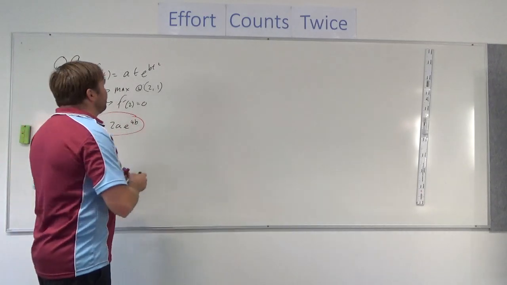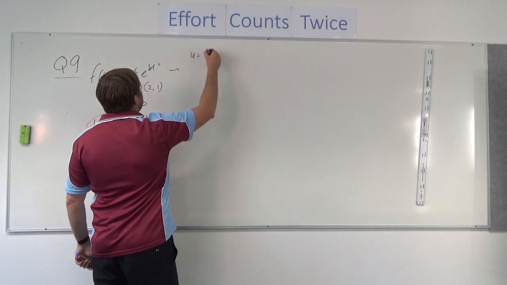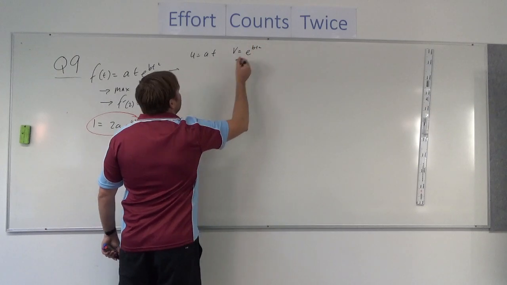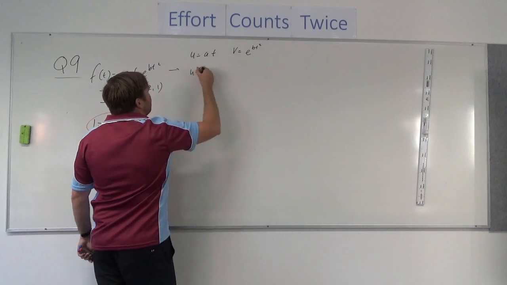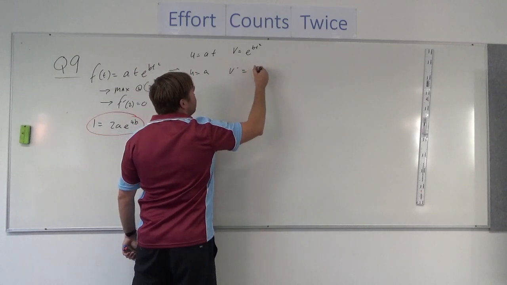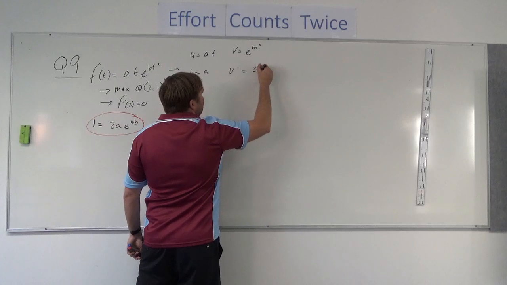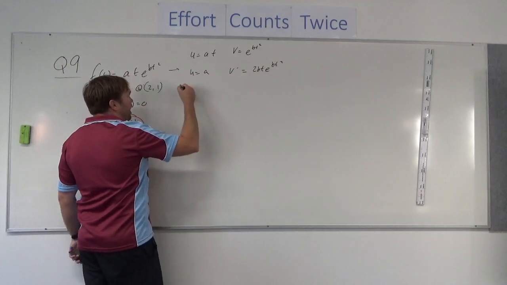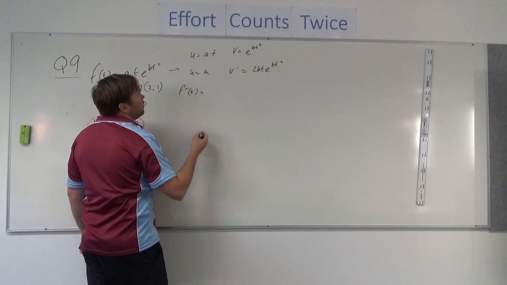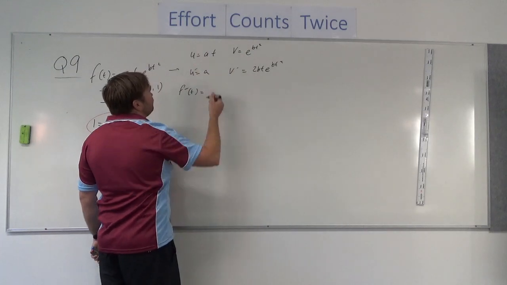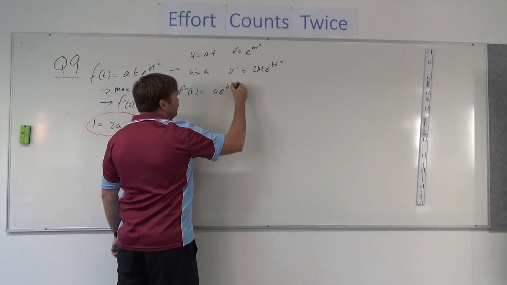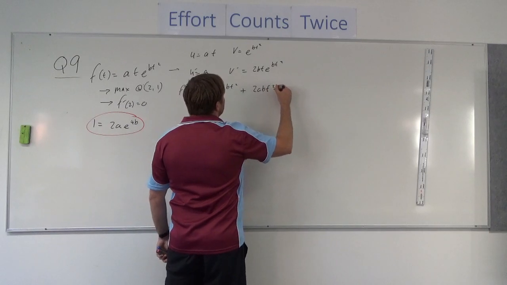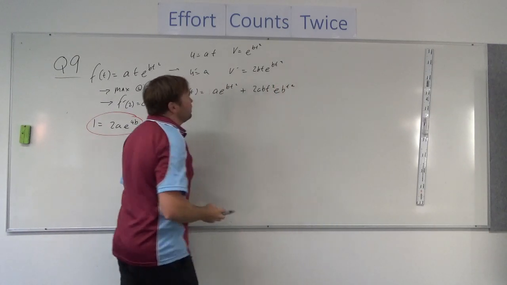Now let's differentiate this. If we're differentiating this, u is a t, v is e to the b t squared. u dash is a, v dash is 2bt e to the b t squared. f dash t is u dash v plus v dash u, 2ab t squared e to the bt squared.